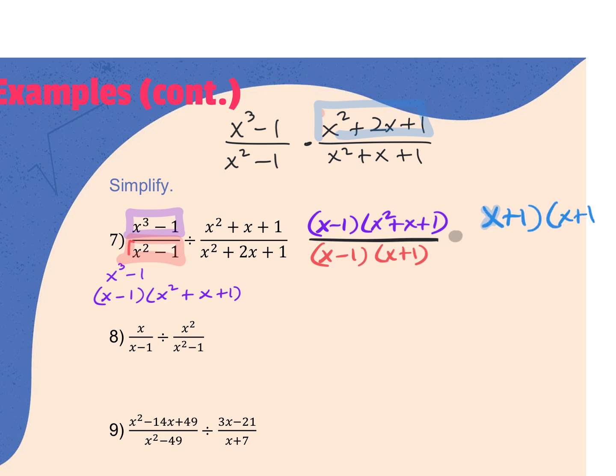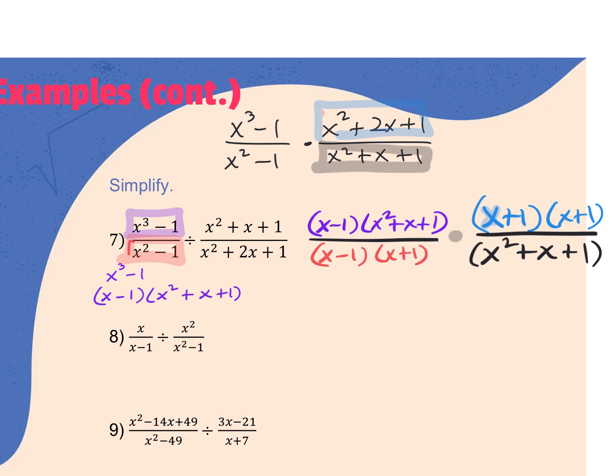And instead of putting it to the second power, I'm going to write it out twice so it makes it easier for me when I go to cancel. Now the denominator though, notice on this one, there are no factors of 1 that will give me 1. So this one I can't factor, so let me just rewrite it.